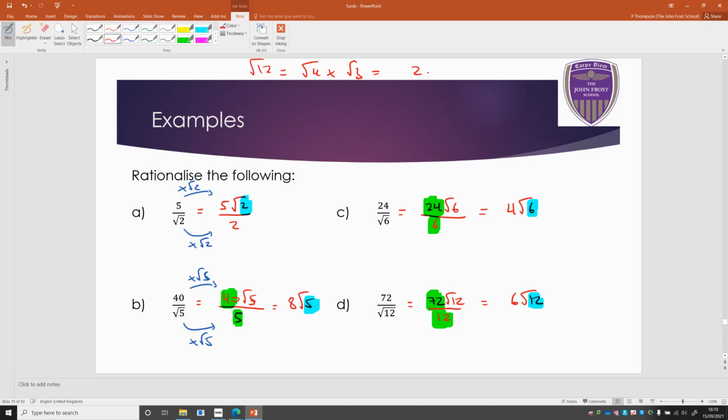So root 12 is actually 2 root 3. So this one's going to be 6 times root 12, which is 6 times 2 root 3. And 6 times 2 is 12. So in the end for this one, the best possible answer is 12 root 3. So always check if the surd can be simplified. And if it can be, then do it.